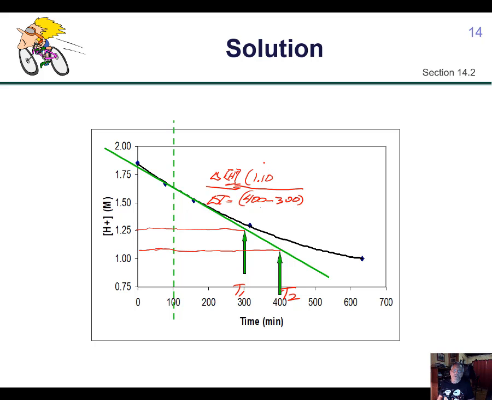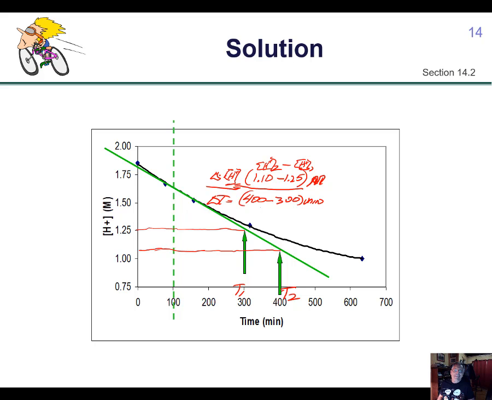So this is going to be 1.10. This is the hydrogen ion concentration at time 2, and we're going to minus the hydrogen ion concentration at time 1, and at time 1 it's a little larger, and it's 1.25. Okay, this is minutes. This is molarity. Well, just capital M, guys.